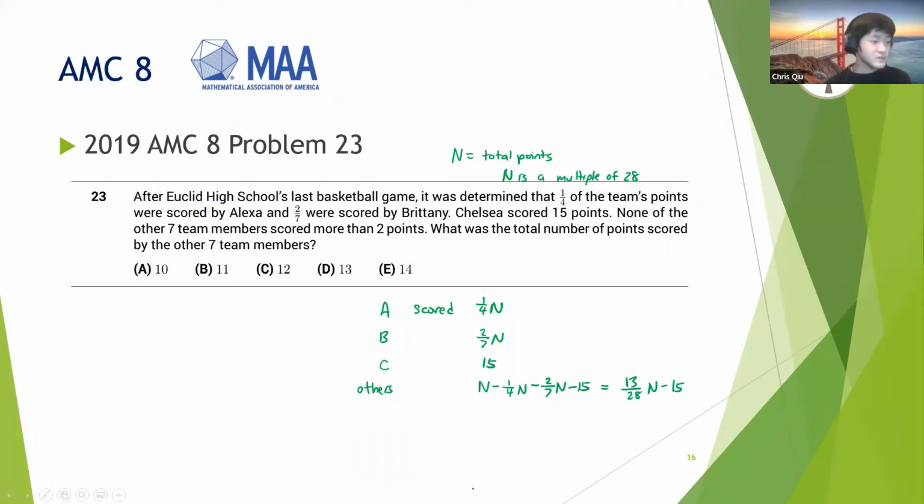And we're told that each of these 17 members scored between 0 and 2 points. So in fact, this number of points is between, inclusive, 0 and 14.